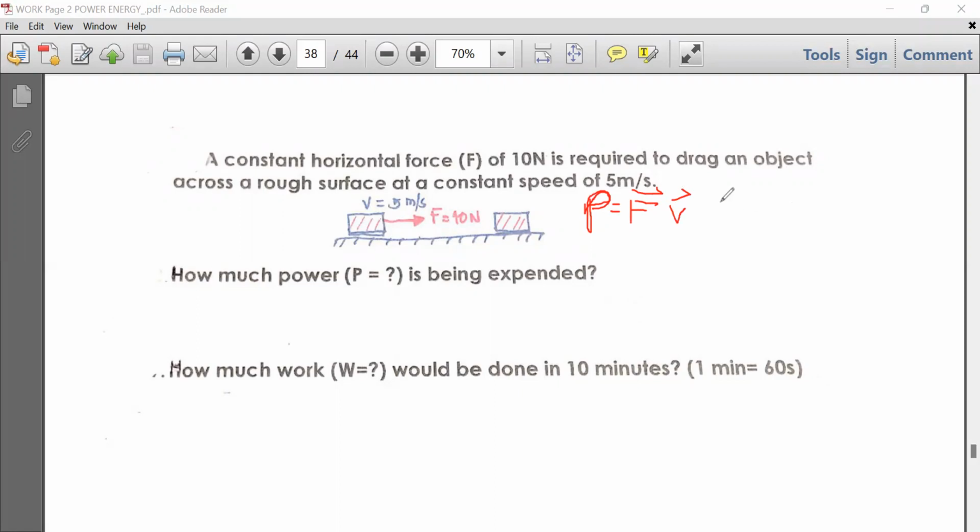So 5 times 10 is 50. The answer here is 50 watts. How much work would be done in 10 minutes? So work is how much?